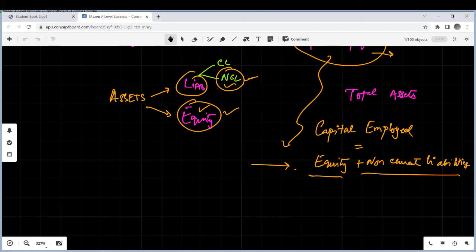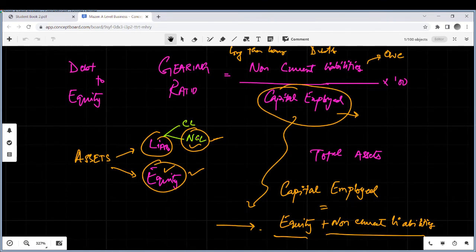Now, to analyze the position of the business, we say that this is the capital employed. In this capital employed, what is the percentage of non-current liabilities? The higher the percentage of non-current liabilities in the capital employed, the more risky that business is, because they're not doing business with their own money, they're doing business from borrowed money, and sooner or later they will have to pay it back.